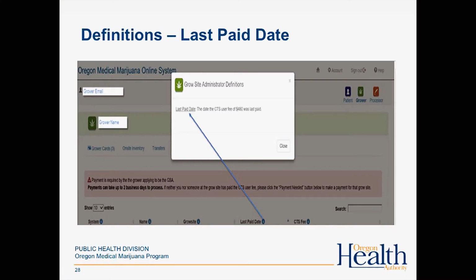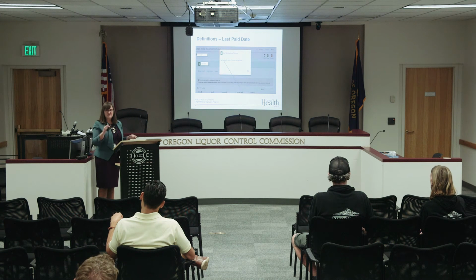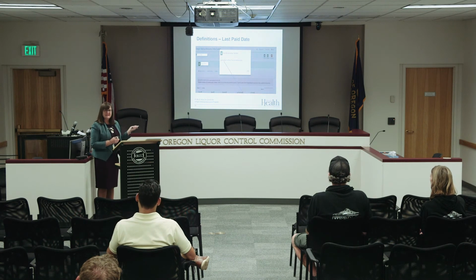And the last payment date will be once that cannabis tracking fee has been paid. That is an annual fee, and it's an annual fee based on the Growsite, not on your patient registrations. As you know, your registrations with your patients are throughout the year. This fee is on an annual basis, and it's at the Growsite level.